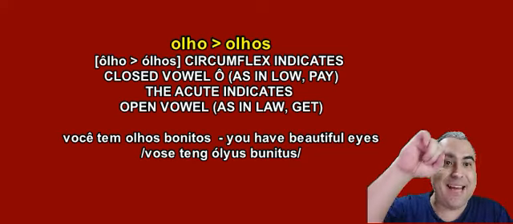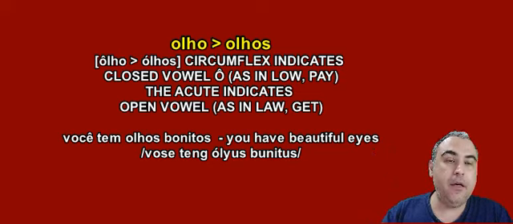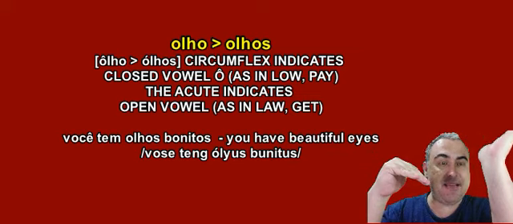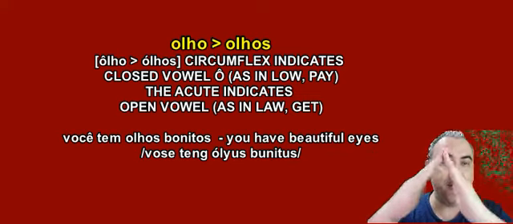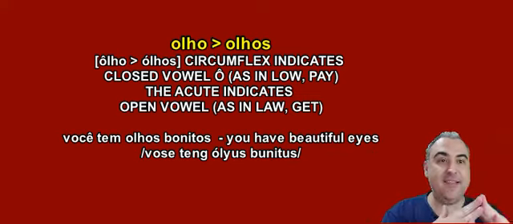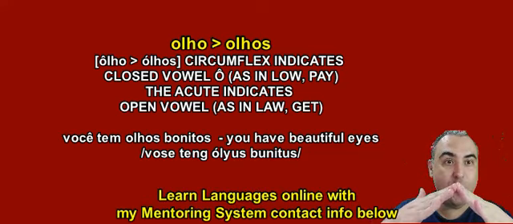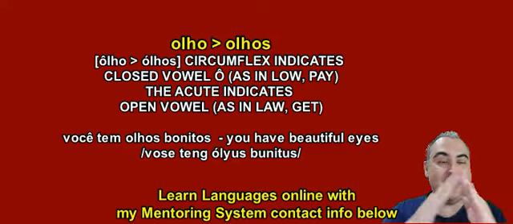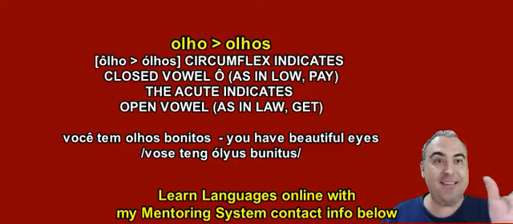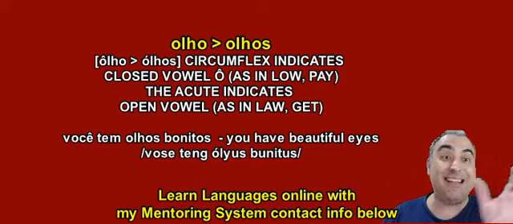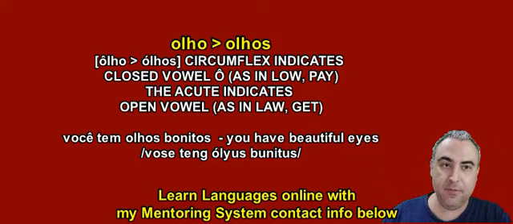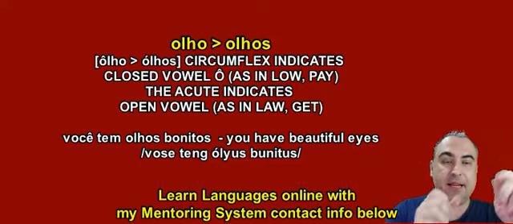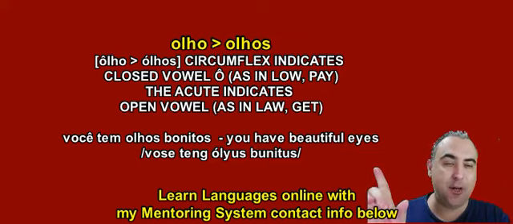When these vowels get an accent mark in spelling, when they are closed, they get the circumflex, and when they are open, they get the acute accent. That's why the circumflex exists: to mark the closeness of the O whenever the O has to be marked. It isn't always marked. The accent marks indicate the stressed syllable whenever the stressed syllable is not the last closed syllable, except syllables that end in S. S doesn't count as closed.